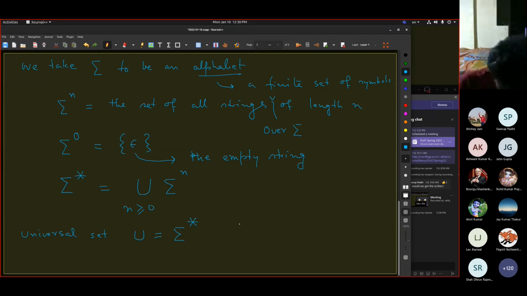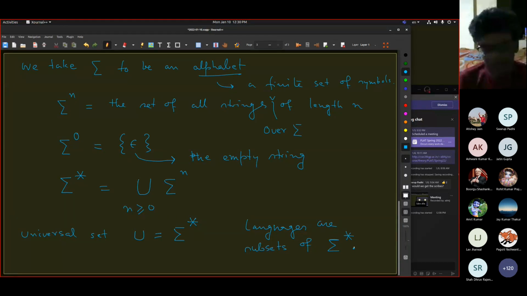So languages are subsets of sigma star. Throughout this course, we will always consider languages which are subsets of suitable sigma star. So this is how I define languages: any subset of sigma star.